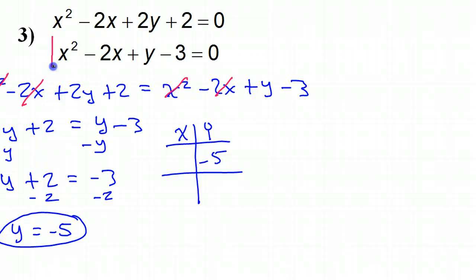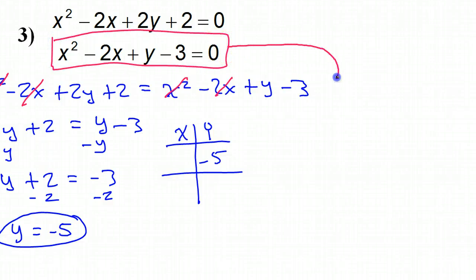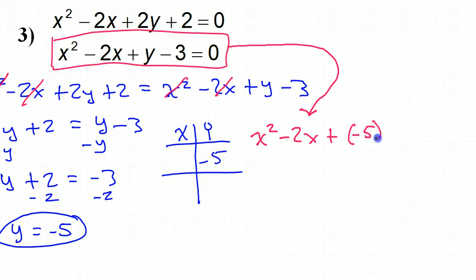Then I'm going to have x squared minus 2x plus y, which is negative 5, minus 3 equals 0. So I'm just putting in negative 5 for y. And let's see what happens.